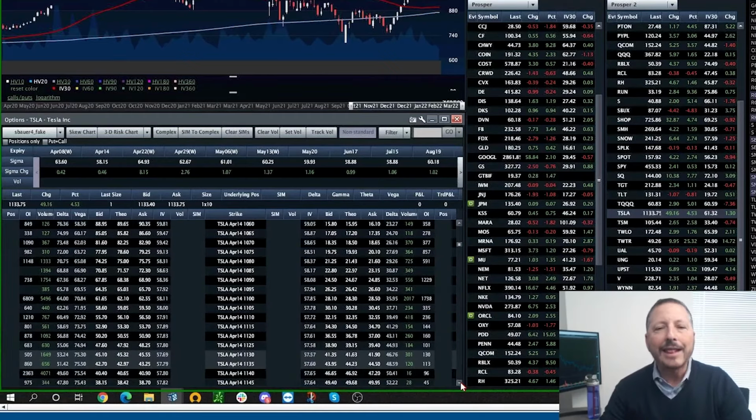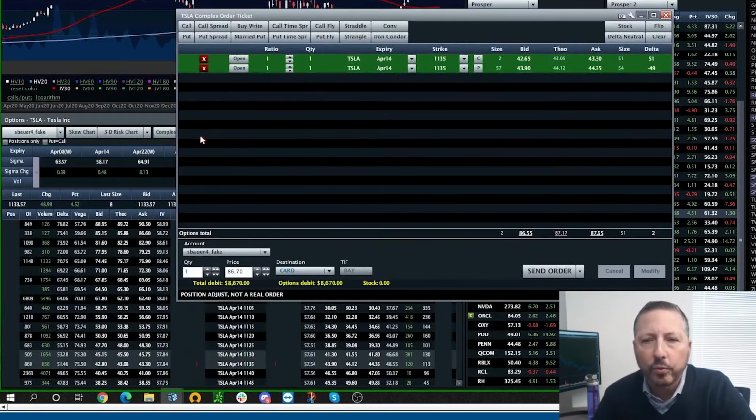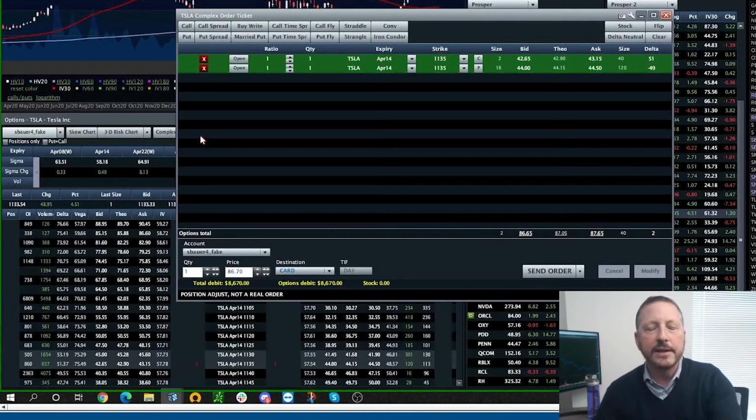If we look at the 1135 call and put option here, we come up with roughly $87. What that tells us is the market is currently pricing in a move in Tesla to this expiration, April 14th, of plus or minus $87.